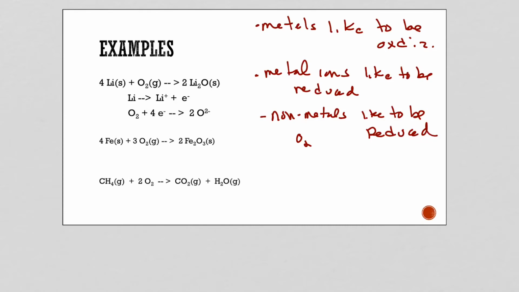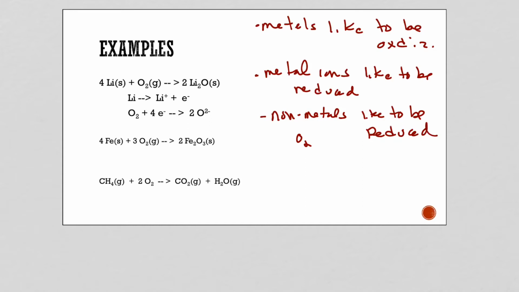If we look at some examples here, within the reaction of lithium plus O2 going to lithium oxide, we have lithium that's undergoing loss of electrons, or oxidation, as it's forming the lithium plus ions that are in lithium oxide, and the oxygen is gaining electrons, undergoing reduction to form the oxygen 2 minus ions that are present in the lithium oxide.